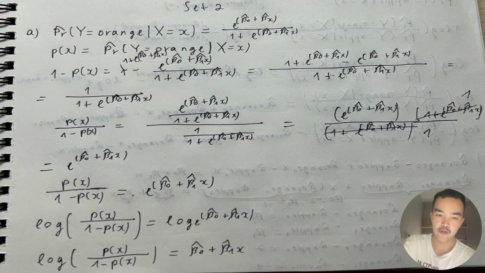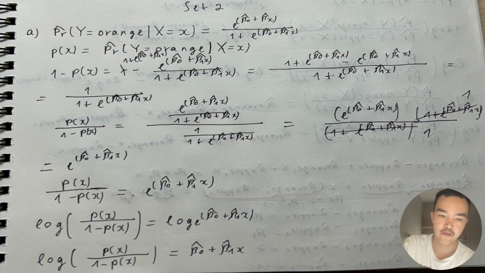Once we obtain this relationship, in other words the odds, we need to take the logarithm on the left-hand side and the right-hand side.